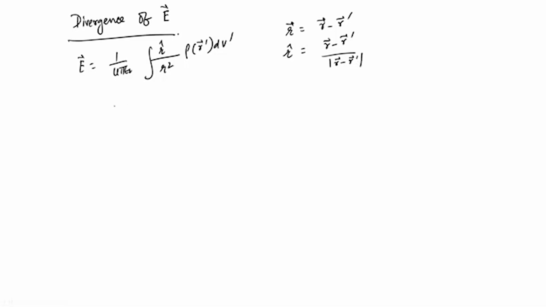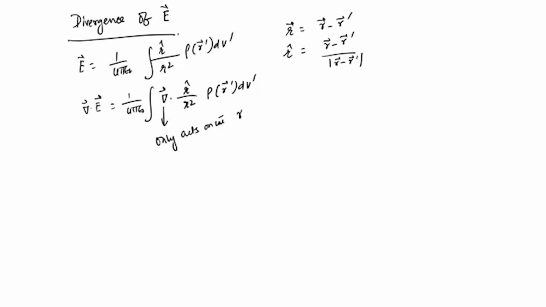Okay. So, divergence of E is simply the divergence of this quantity, so it is the divergence of r cap by r square and rho of r prime dv prime. Now, interestingly, this divergence only acts on the r variable, which means that it only acts on the field variable, not on the source variable.